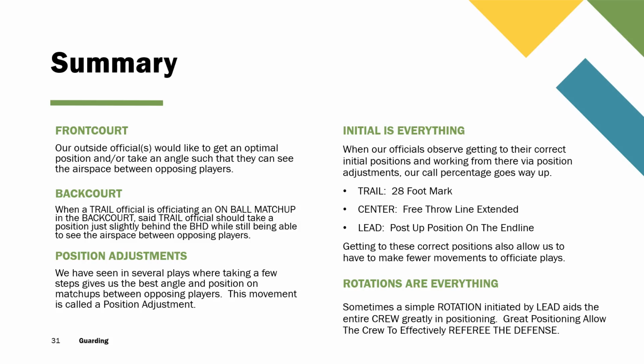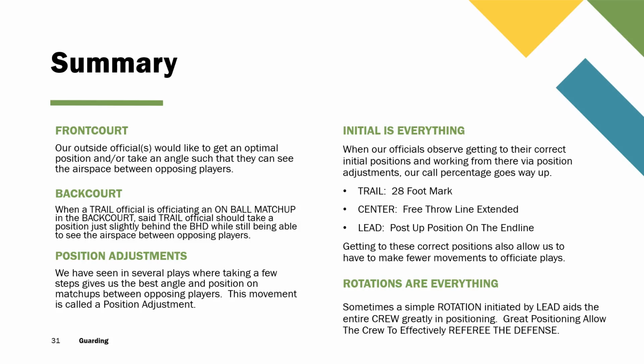Our outside officials saw that if players move to the point where they no longer can see the airspace between the players, especially with on-ball matchups or screening action, they just took a couple of steps left, a couple of steps right to get a better angle on the play. They made position adjustments.